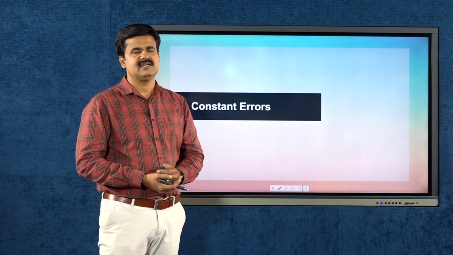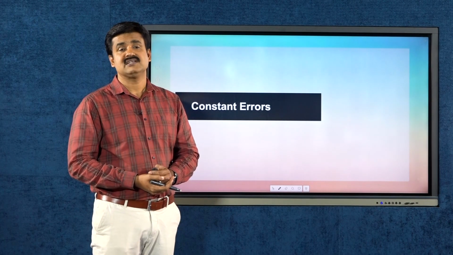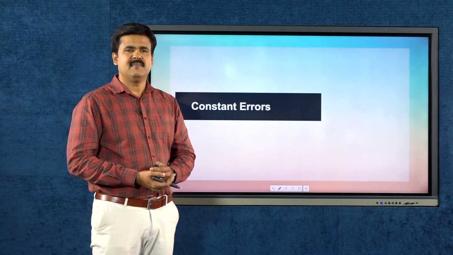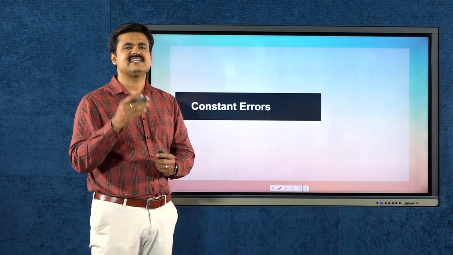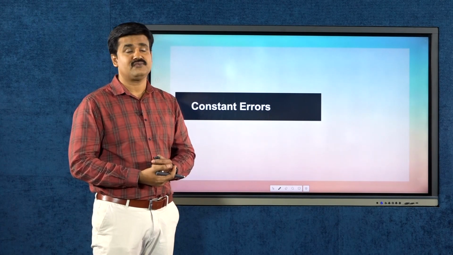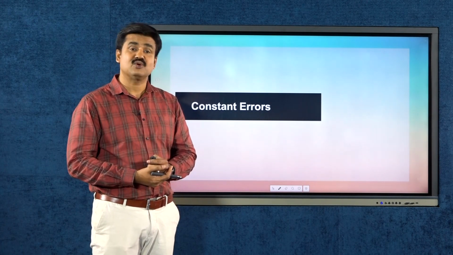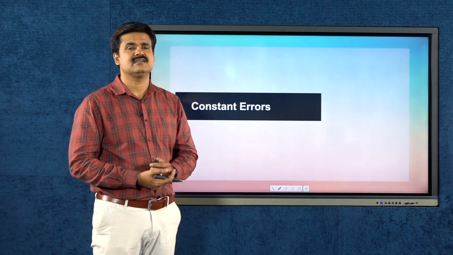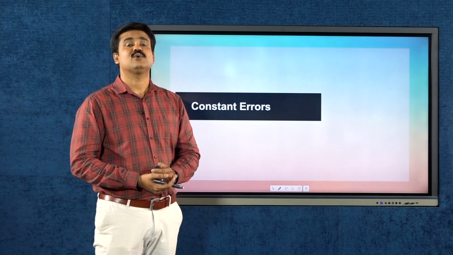Now, constant errors. This is another category of systematic error, but we usually use it in some other context. We have to consider two other kinds of systematic errors, such as constant errors and proportionate errors. We are first focusing on constant errors.